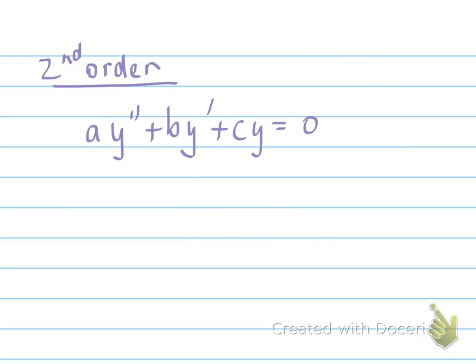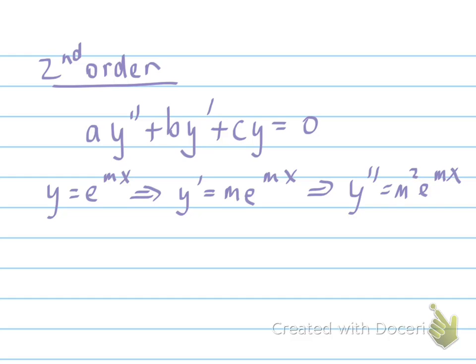The second order HLEX is ay double prime plus by prime plus cy equals 0. How are we going to start? We're going to assume we have a solution of the form y equals e to the mx, which would mean y prime equals m times e to the mx, and y double prime is m squared e to the mx.